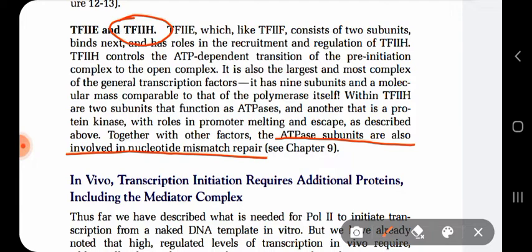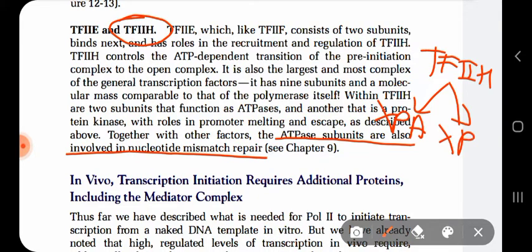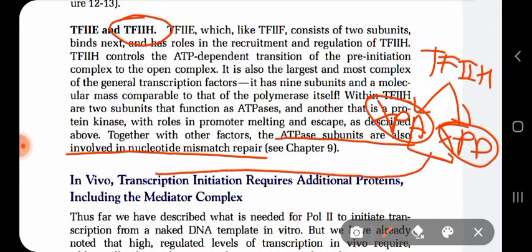Remember, I have said before that TF2H is made up of 2 subunits, but it actually has 9 subunits, and two of those 9 subunits are XPA and XPD. Both of these subunits have helicase activity, and both are involved in the nucleotide mismatch repair process.